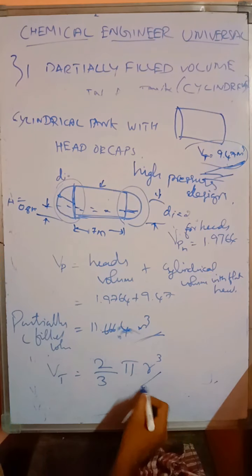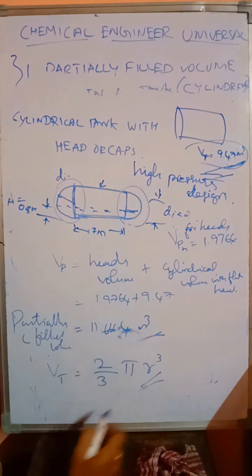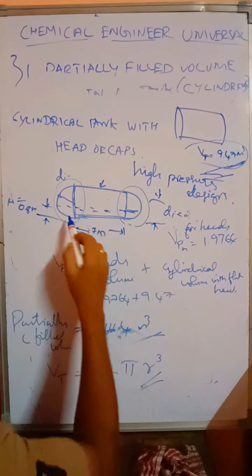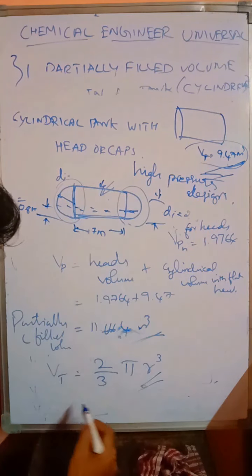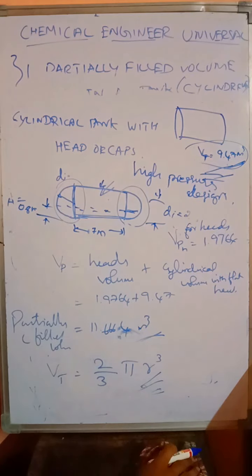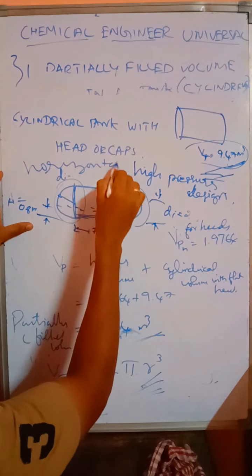If you use this formula, you will get the total volume of this hemispherical head, and multiply by 2, then you get it for both the heads. Just add this portion and you will get the total volume of the spherical head. That's it. So this is a generalized idea. Now this tank is for the horizontal type only. We have taken this as the horizontal case.